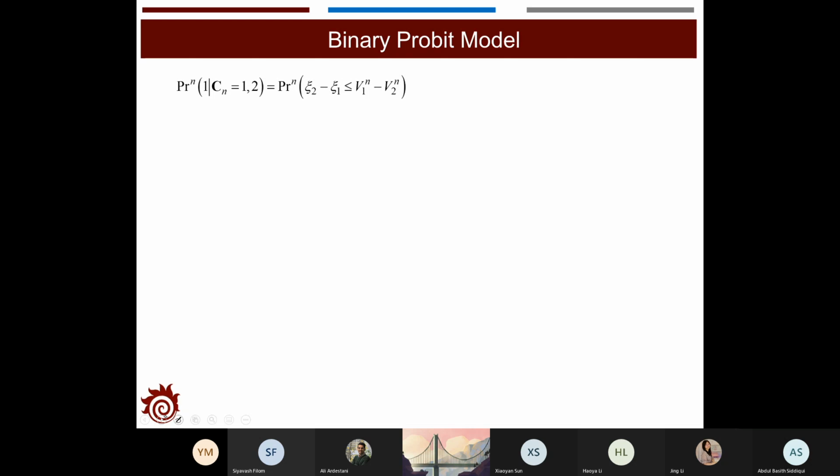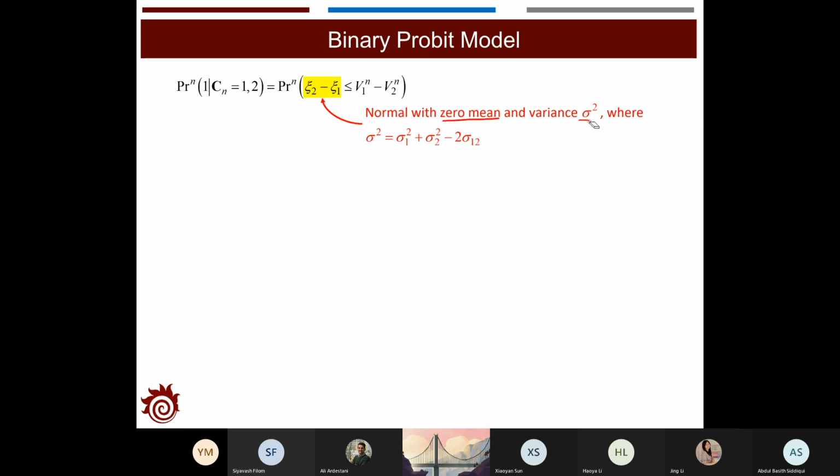First of all, we know that epsilon 1 and epsilon 2 have mean 0, and we know their variance. If we check the difference of these two variables, epsilon 2 minus epsilon 1, it's also a normal distribution.